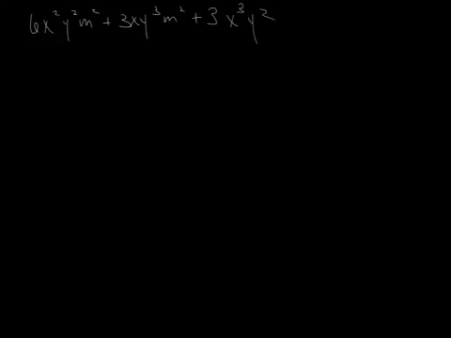Alright, and what we're doing is we're trying to find out what the largest factor is of this trinomial. Trinomial means that there are 3 terms. 1, 2, 3. See? They're separated by plus signs, so that makes them a term.